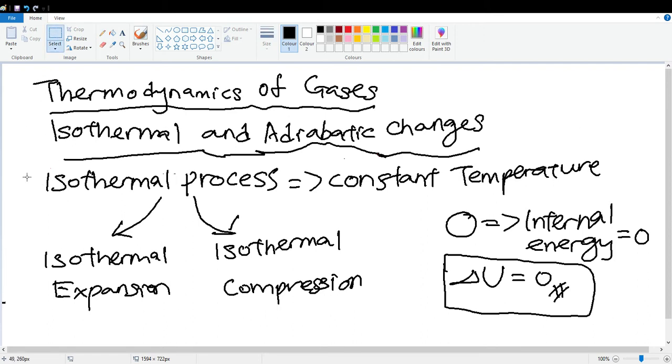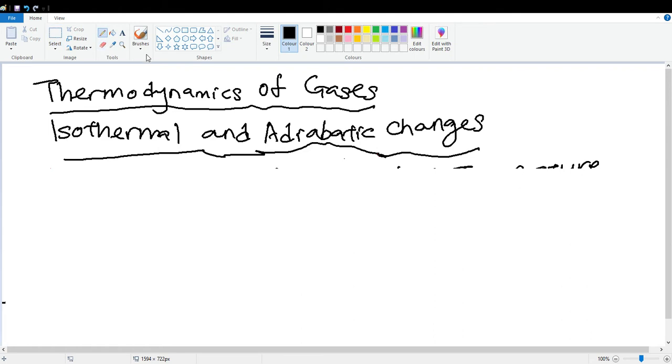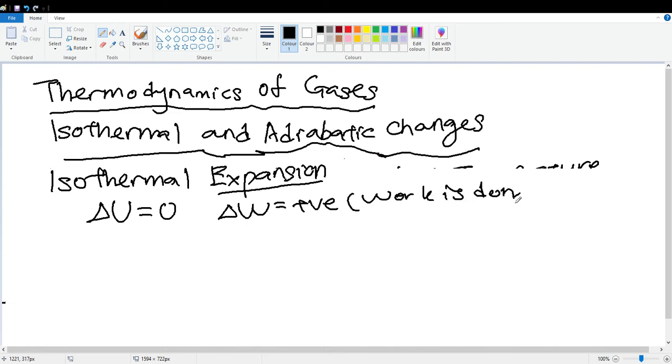Let's move on to isothermal expansion. We have two pieces of information: the change in internal energy of the gas must be 0, and from this expansion, we know that the work done is positive, which means work is done by the gas.